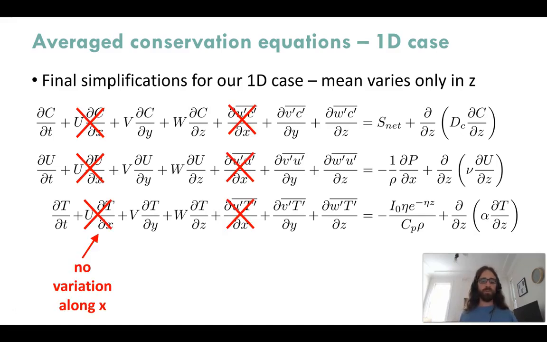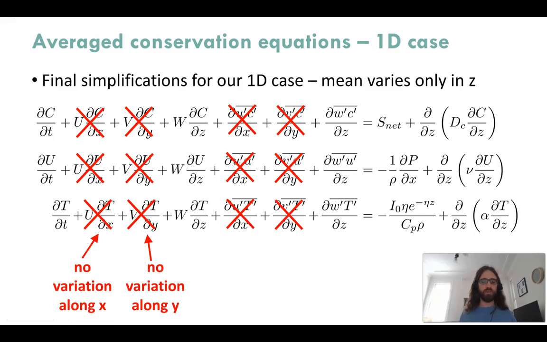So we're able to neglect any of the terms that are derivatives along x, even the terms that are fluctuating components, because it's the mean or the average of those fluctuating components. The same thing applies to y, so we can get rid of many of those terms.